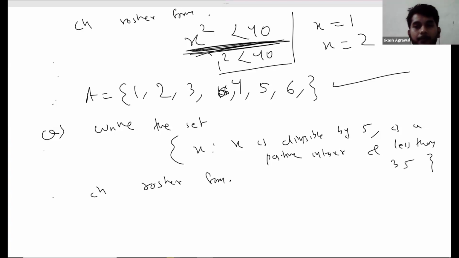Afnan, think again. It should be divisible by 5. यहाँ स्क्वायर की बात नहीं कर रहे हम. पॉजिटिव इंटीजर कहाँ से स्टार्ट होता है? 1 से। 1 से think of all the numbers that should be less than 35 but divisible by 5.